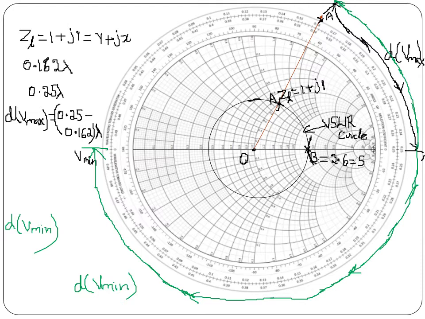I have to note down the value at this point by considering the outer circle readings.